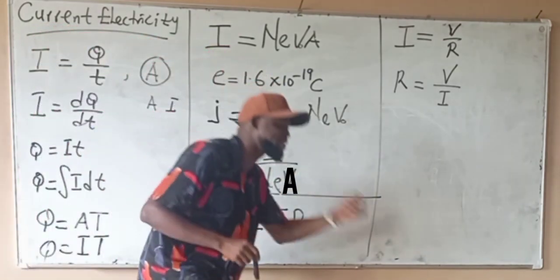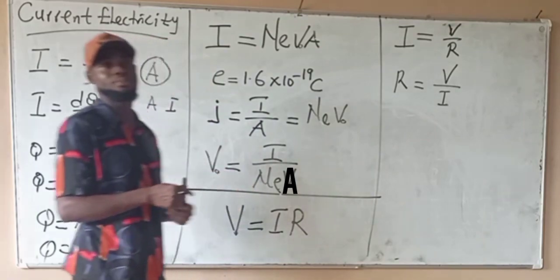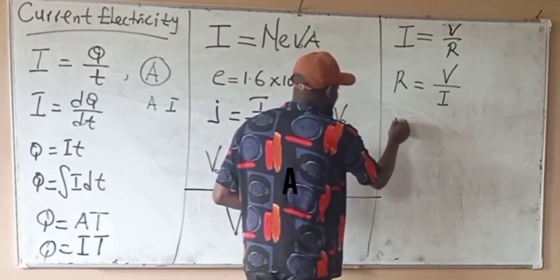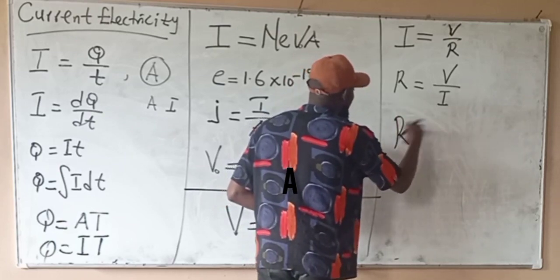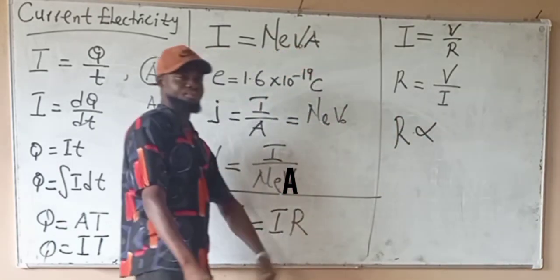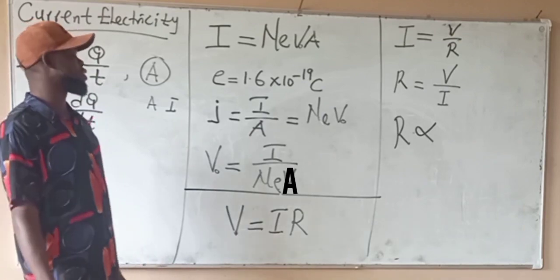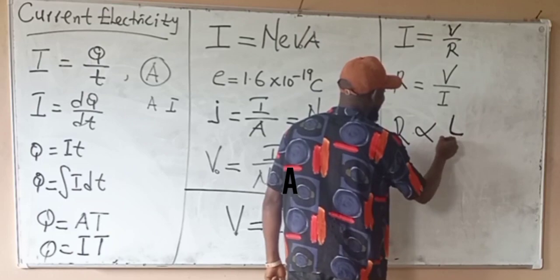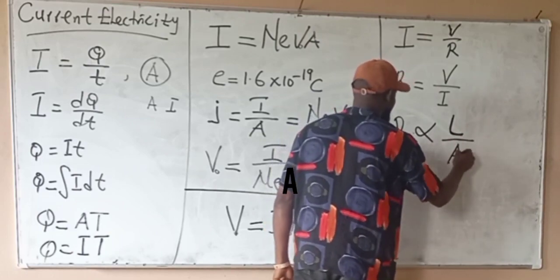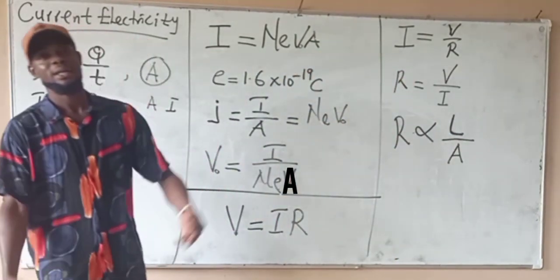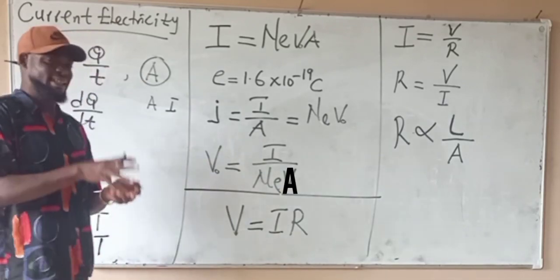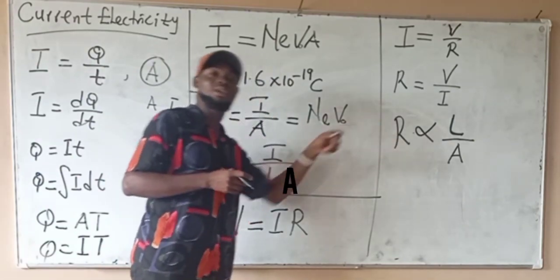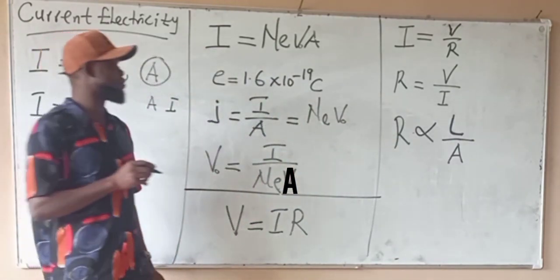The resistance of any material is directly proportional to the length of the material and inversely proportional to the cross-sectional area of that material.